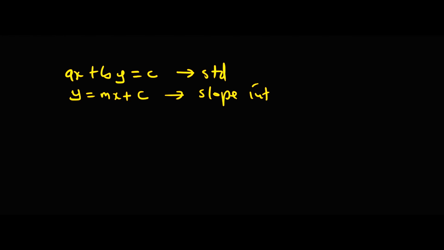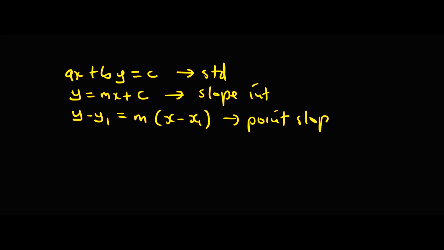The point slope form has y minus y1 is equal to m into x minus x1. We call this the point slope form. So the fourth one is the one we call the intercept form.